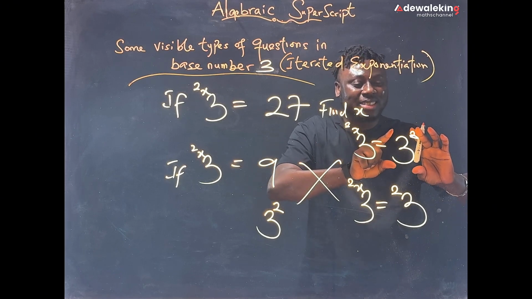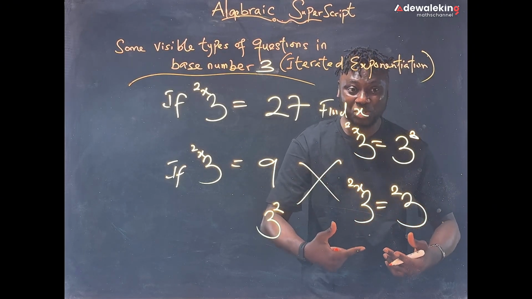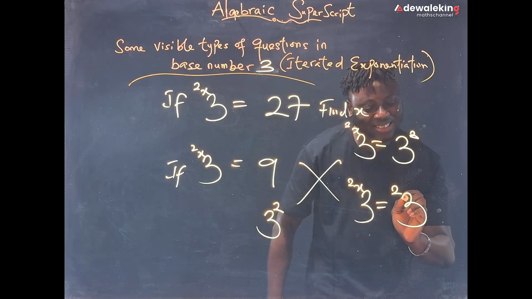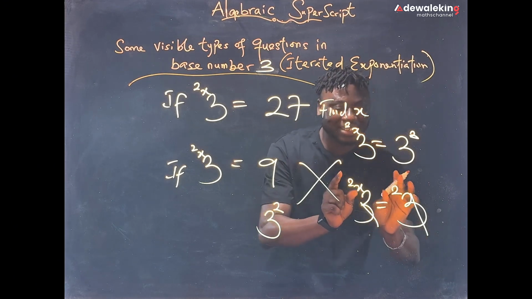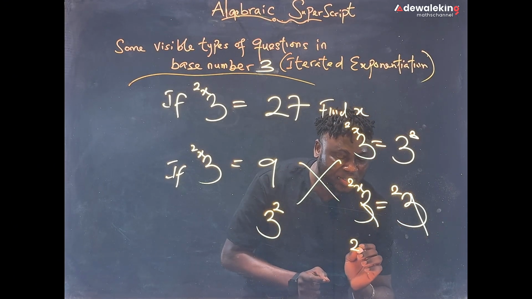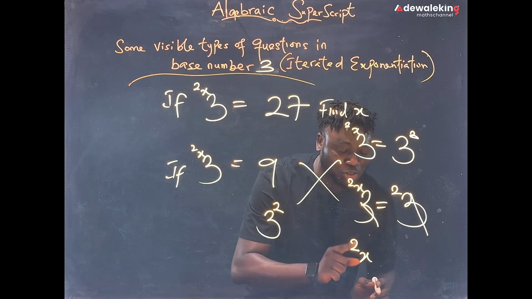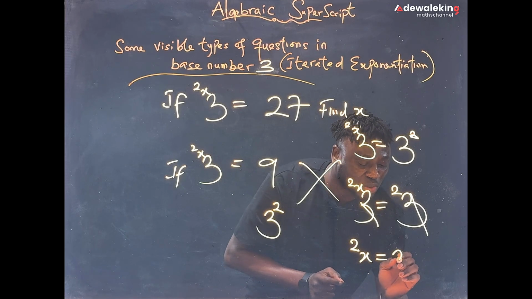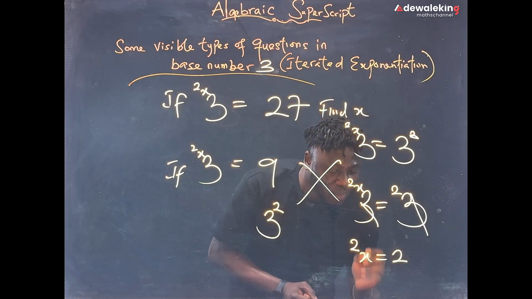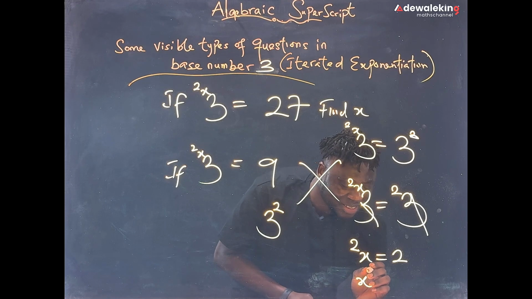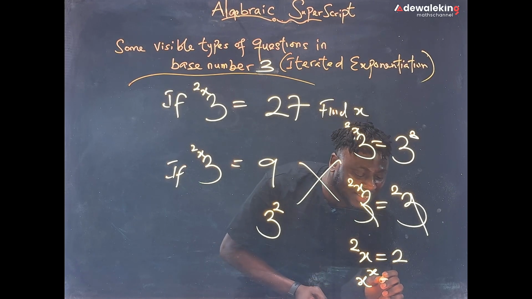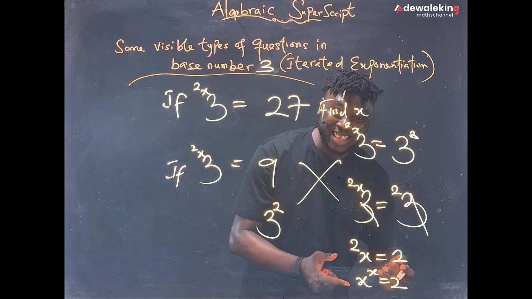You have to convert this to this for you to start solving, so that this can cancel this and this will now be 2, or x tetration 2 is equal to 2. So from here we can say x raised to the power x is equal to 2, and we can start solving from here.